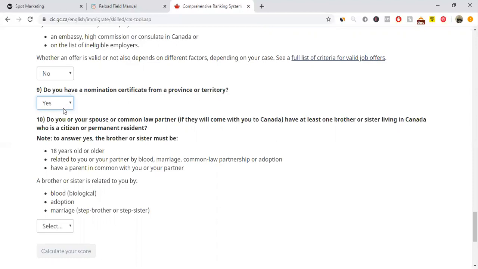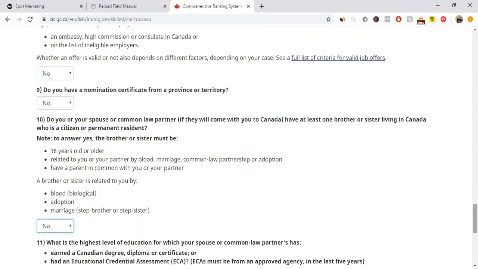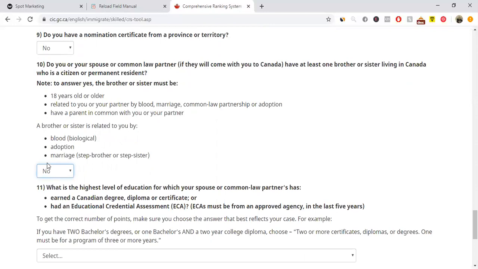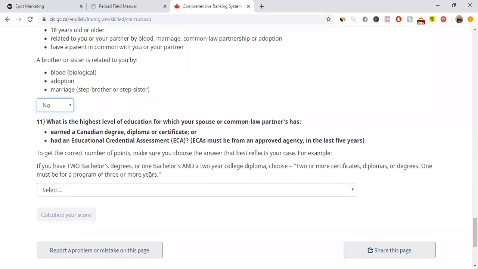But it's mostly no. And do you have a spouse or relative living in Canada? This one is because of the previous question, so this one too, no. If you have a brother or sister or cousin, related by blood, adoption, or marriage, and in Canada, then you can pick that.